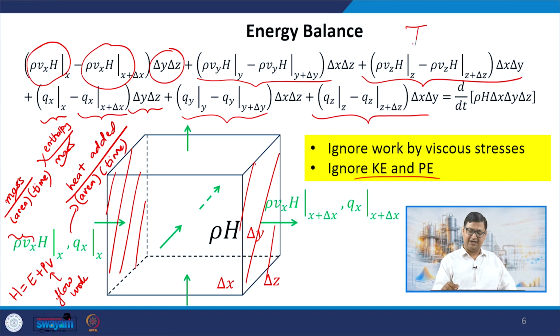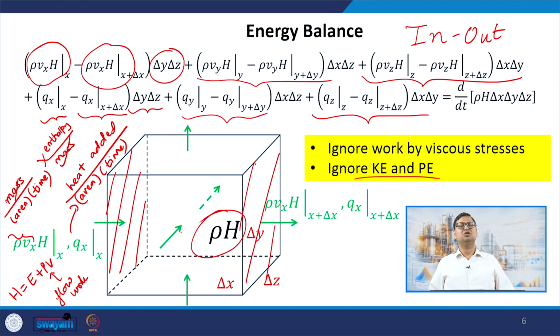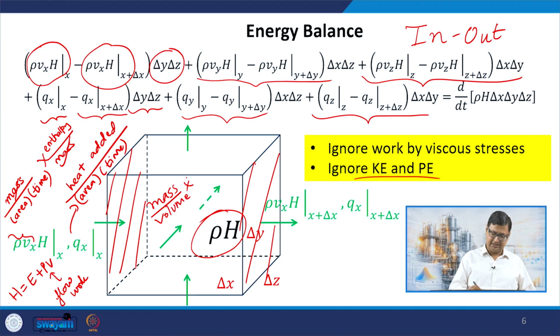So, the left hand side again is my in minus out of the energy, and that is equal to the energy accumulation. What is the energy of a system? Energy of a system is given as something like rho into h, which is the energy per unit volume. Why is that? Because rho is mass per unit volume and h is enthalpy per unit mass.